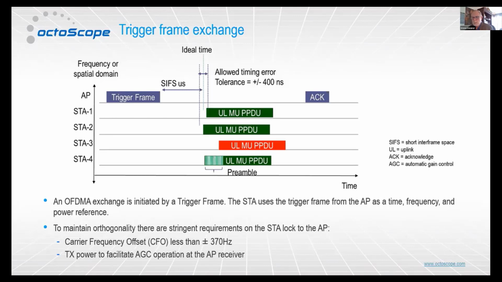They also have to maintain very accurate carrier frequency offset, plus or minus 370 hertz, which is very stringent indeed. And together with that, they need to control their transmit power to facilitate proper AGC operation at the AP receiver. So quite a lot of detail, performance-related stuff that OFDMA brings into the mix.